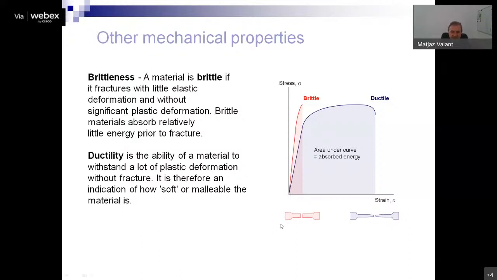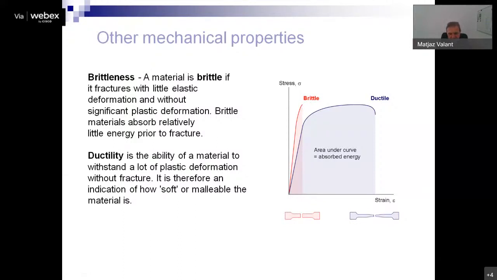You know, this slope is very steep and doesn't extend far. The strain is minimal. So the brittle material can in fact absorb relatively little energy before it fractures. It also doesn't have much plastic deformation. Immediately when it starts, it is the fracture point.